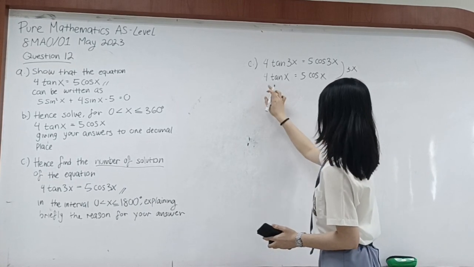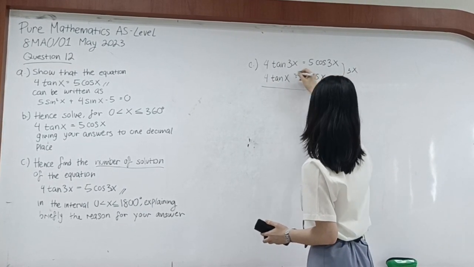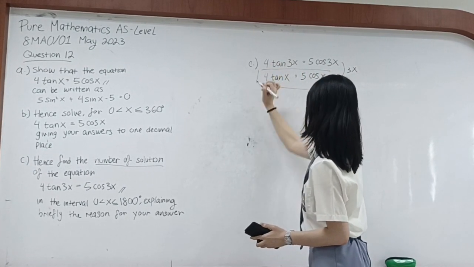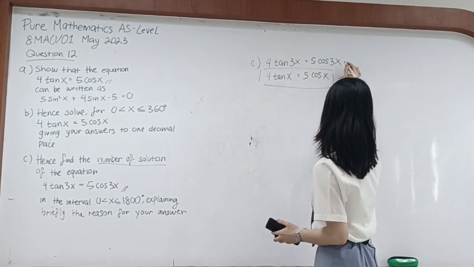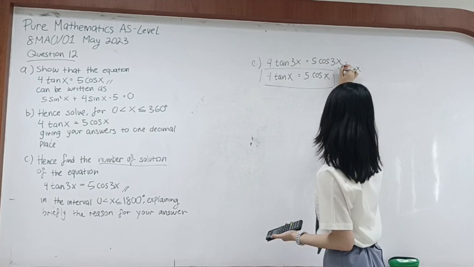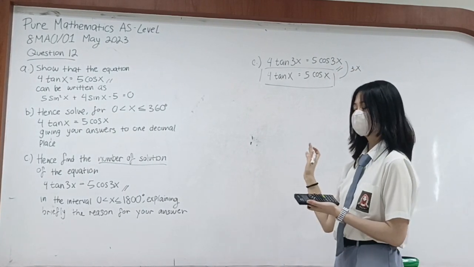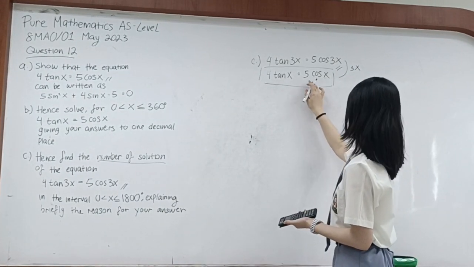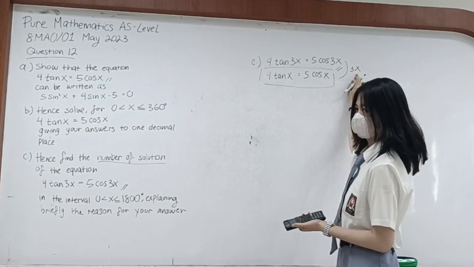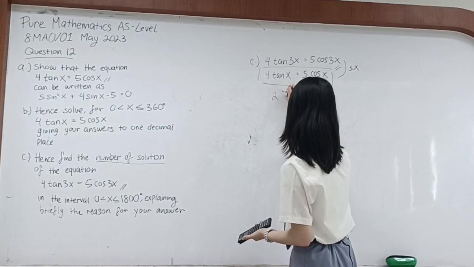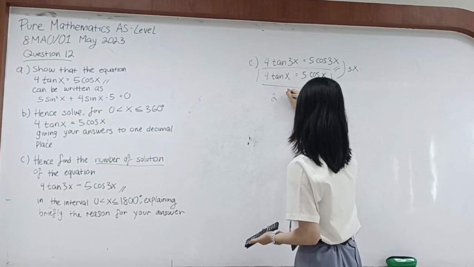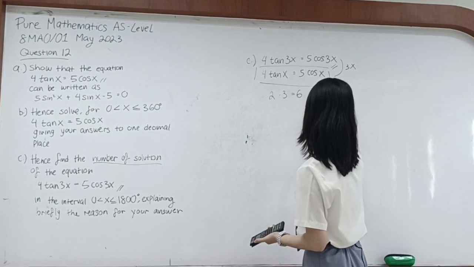And we know that from this equation, there are approximately 2 solutions, which we have found. Hence, to know the number of solutions from this equation, we can simply multiply the number of solutions in this equation by 3, because again, the scale factor is 3. So since there are 2 solutions from here, we can multiply by 3, which would give us 6 solutions.